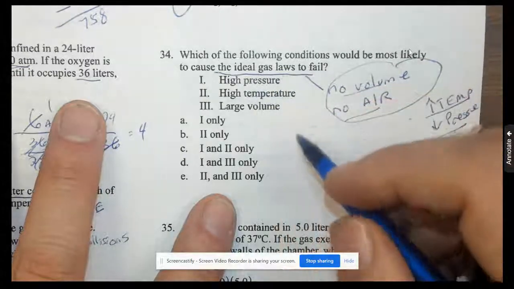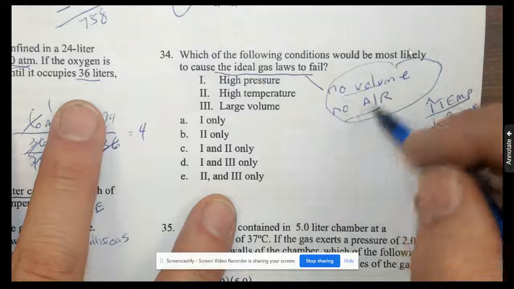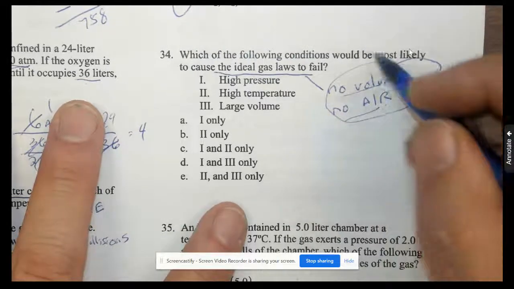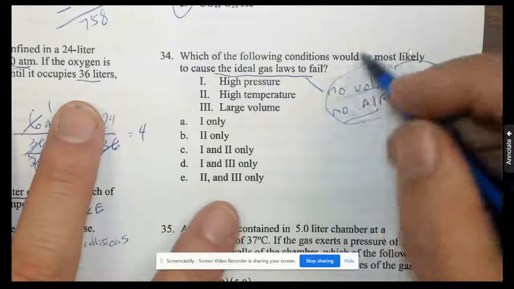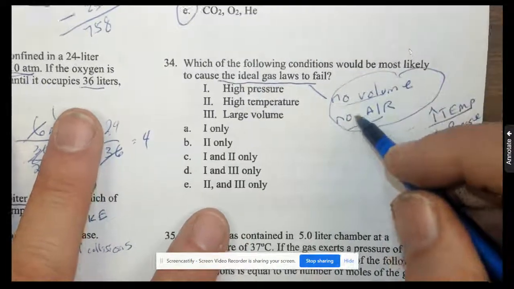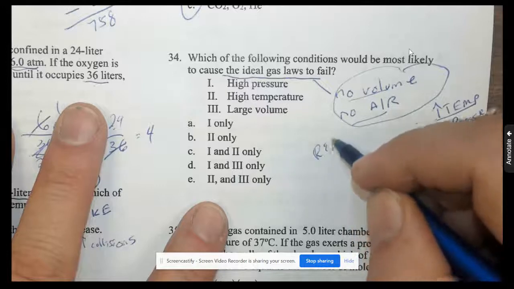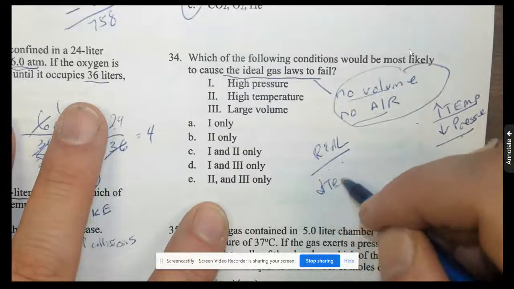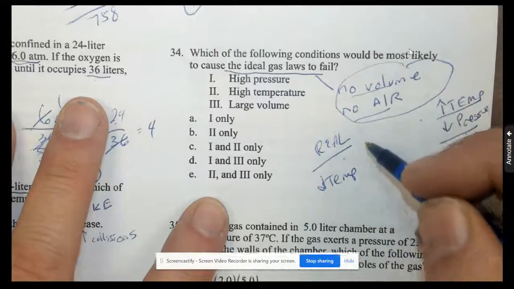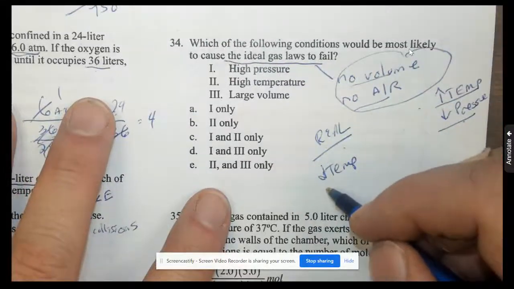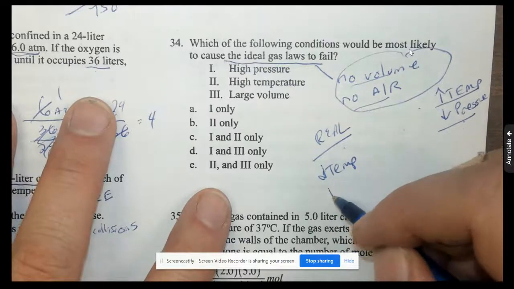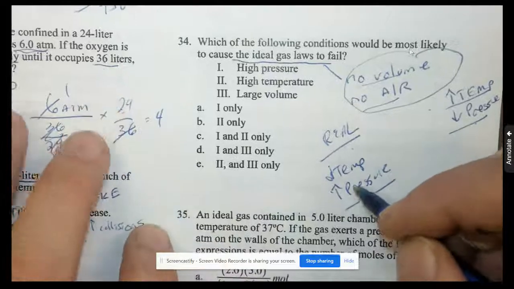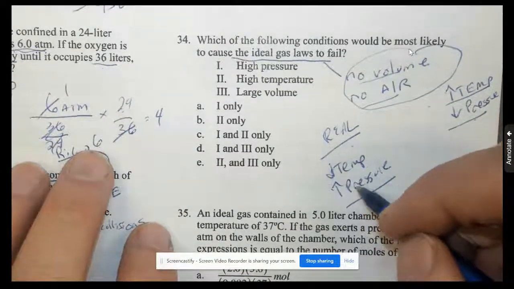If I want those laws to fail, and I want the gases to have attractive and repulsive forces, and I want them to occupy a large amount of their container, aka I want them to be real, I want just the opposite of this. I'd want a low temperature so the molecules can easily form some attractions, and I would want a high pressure because I'd want to jam everyone next to each other so they would be forced to form some attractions and repulsions.